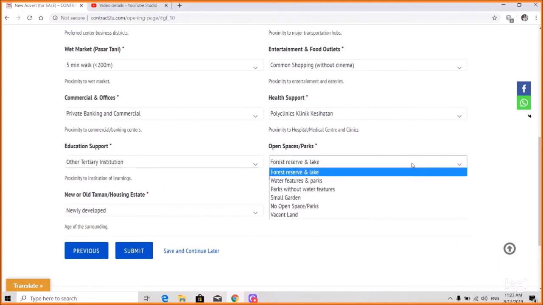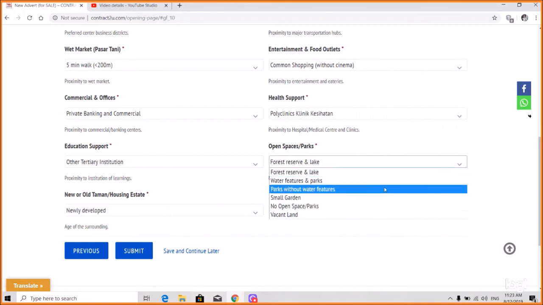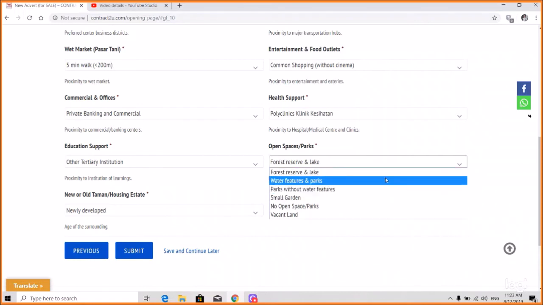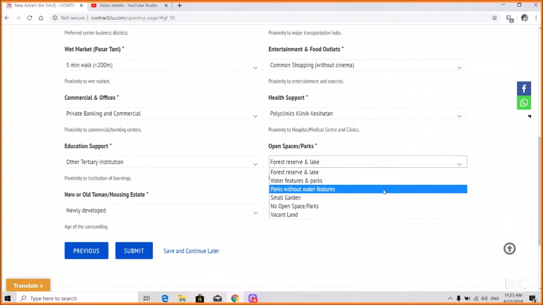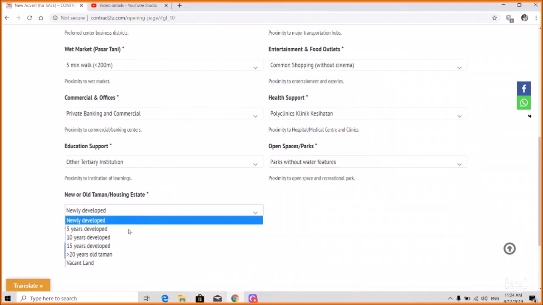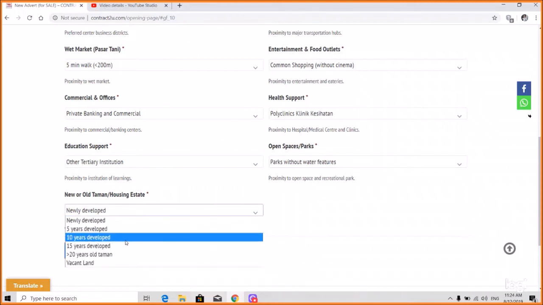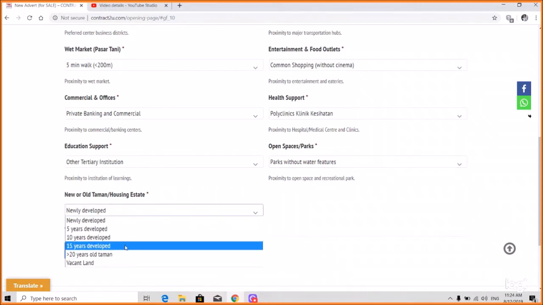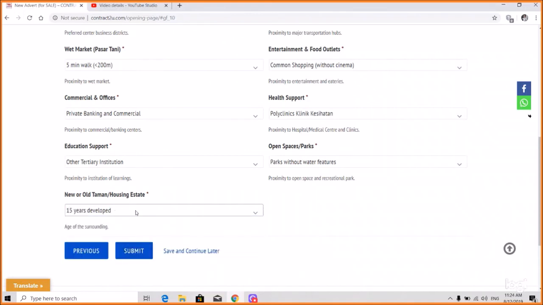Would there be any small garden, park or water feature? In fact, there is a park without water feature in front of the roundabout, and people go there for jogging. So this is actually developed more than 15 years, and therefore I just put developed more than 15 years. Then you click the button for submit.